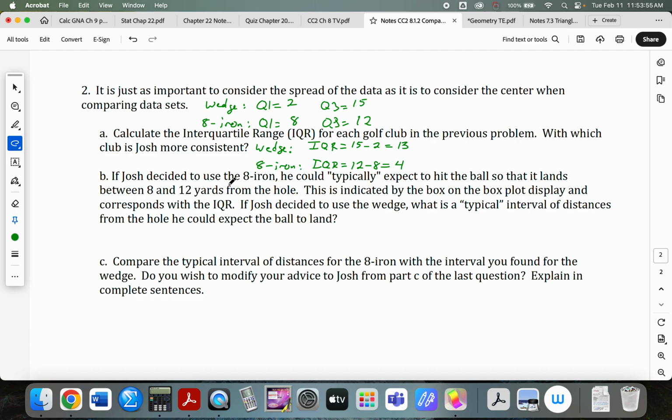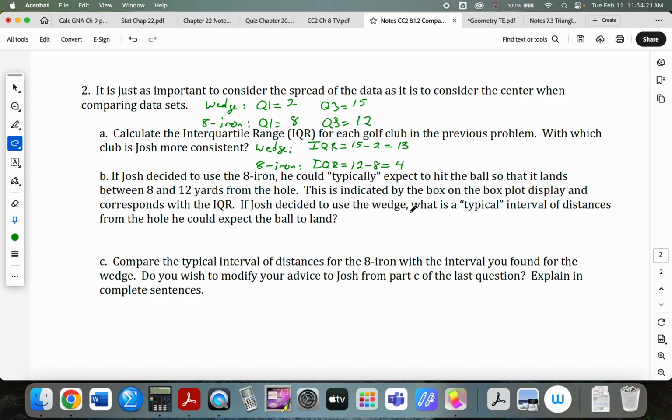So if Josh decided to use the 8 iron, he could typically expect to hit the ball so that it lands between 8 and 12 yards from the hole, right? This is a range of typical values. That's indicated by the box on the box plot display and corresponds with the IQR.